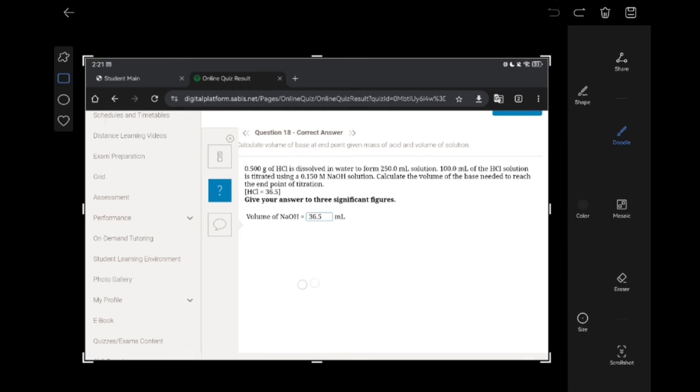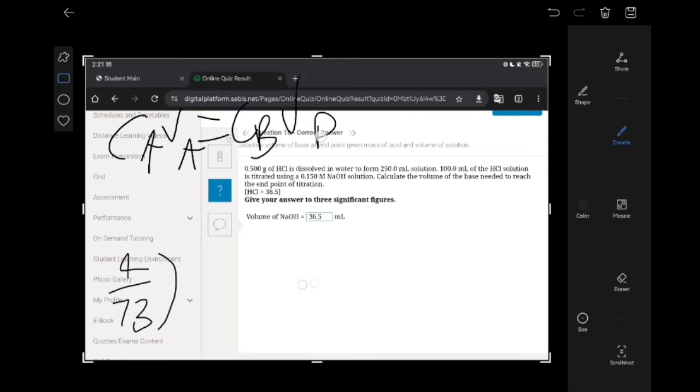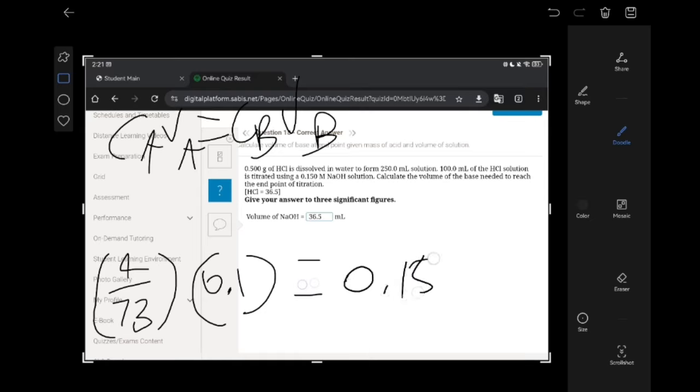So again, we just did the exact same compounds last time. It's 1-to-1 ratio. So that means 4 over 73. So CaVa equals CbVb, 4 over 73 times 0.1 equals 0.15 Vb. Now let's find out. So 4 over 73 times 0.1 divided by 0.15, you get 0.0... okay, again, look, this is why you're gonna think it's wrong.